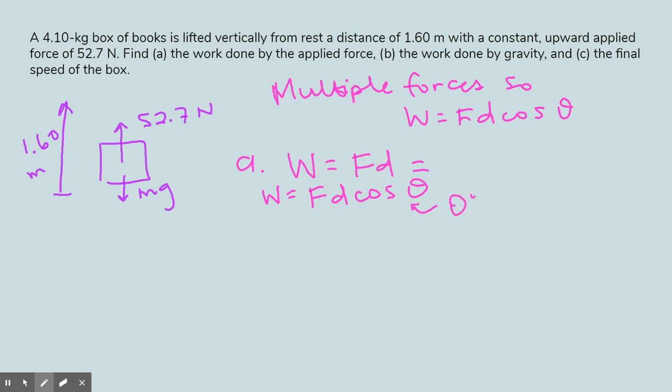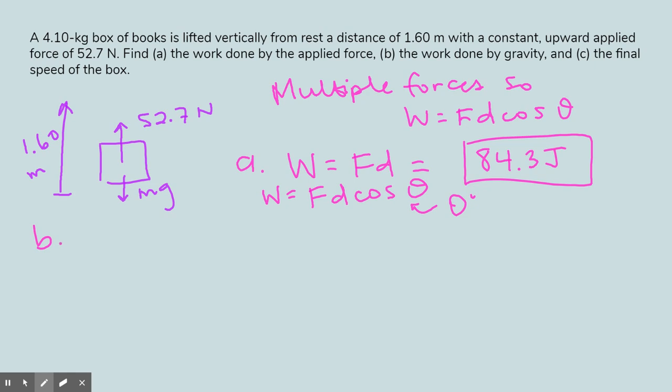So we just say that it is force times distance because it would just be 1. And when you plug your information in, 52.7 newtons multiplied by 1.60 meters, you should have found that the work from the applied force is equal to 84.3 joules. So that's part A.